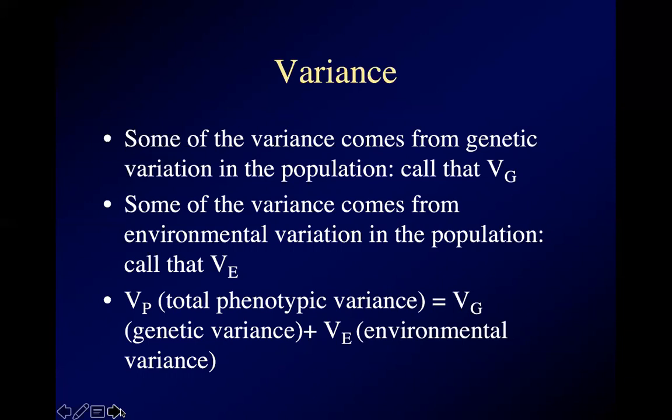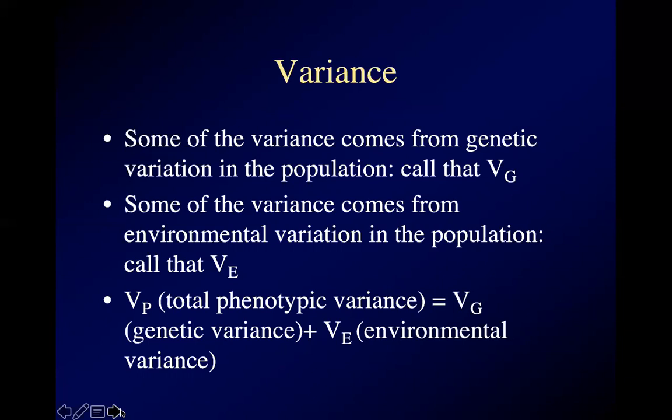So we could calculate the variance in height for our class population. Some of that variance comes from genetic variation in the population. Some of that variance comes from environmental variation in the population.